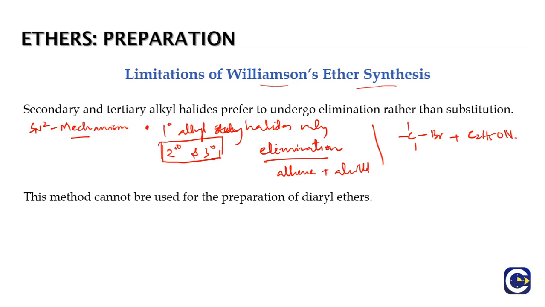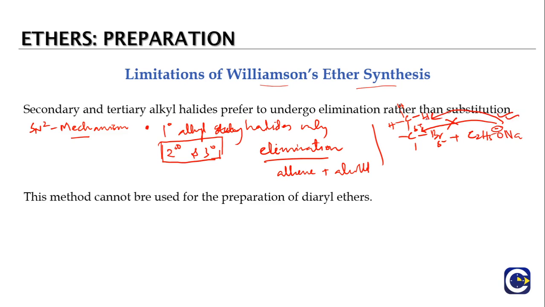So there is a negative charge on the oxygen, a positive charge on this carbon, and a small negative charge on the halide, and an attack of this on the carbon. But this is not the pathway that is followed. Rather, one of the hydrogens from one of the carbons is taken by this oxygen.